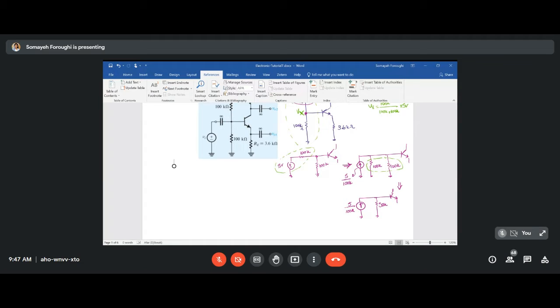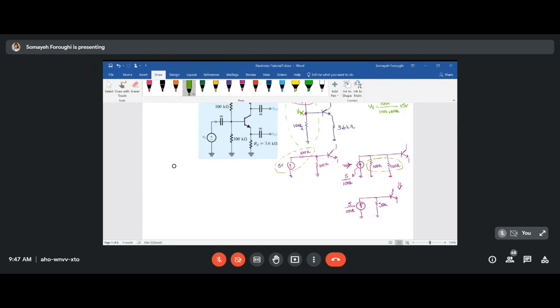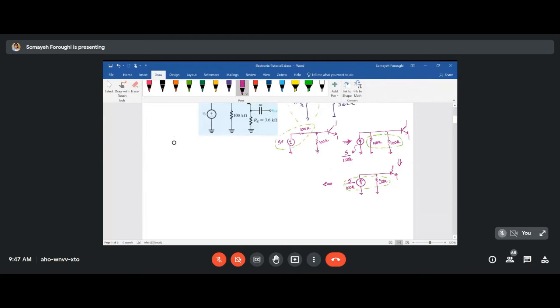Again, from Norton to Thevenin, you can do some conversion. If you try to convert it back to Thevenin and have a voltage source instead of a current source, I need to do one more step here. For doing Thevenin Norton, you need to find the voltage on both ends of this current source, or you can find the voltage on both ends of the resistance.